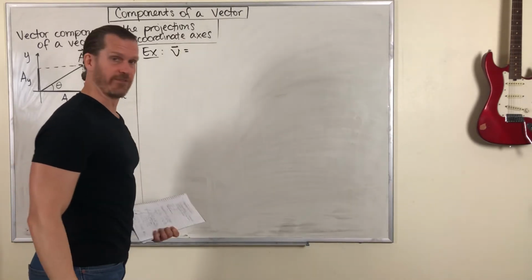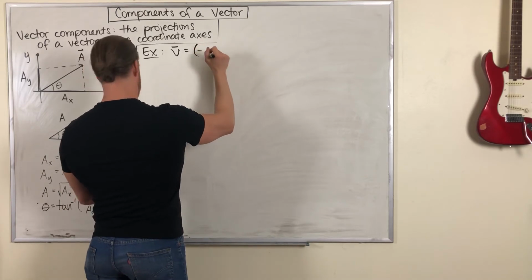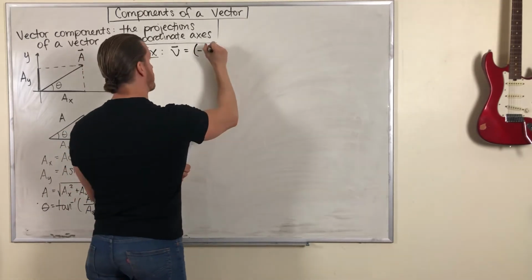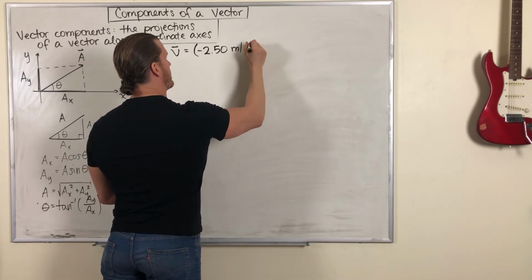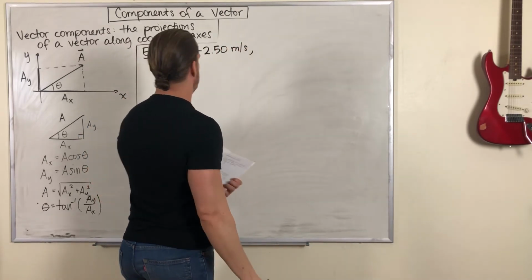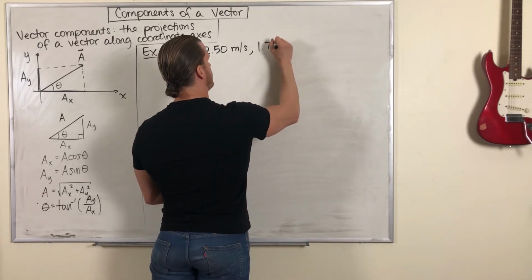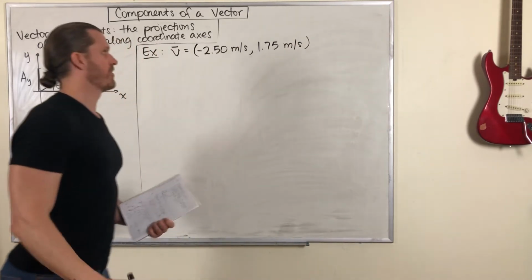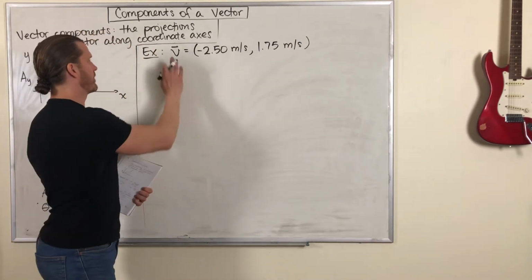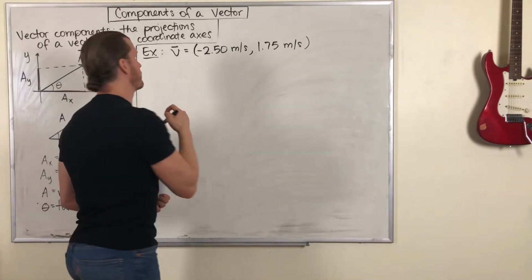And I'll give it units of velocity. So let's say we have a velocity vector in component form represented by minus 2.5 meters per second in the x direction and 1.75 meters per second in the y direction. So let's express this in graphical form and in magnitude angle form.